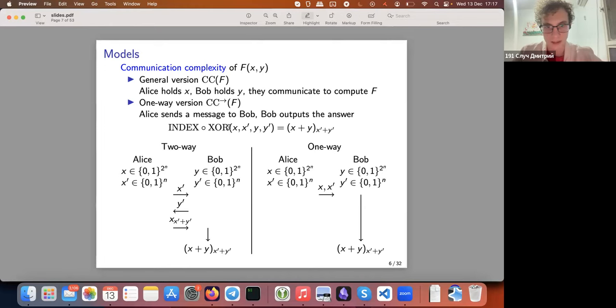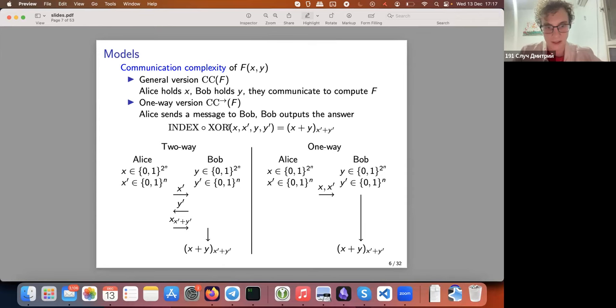And there exists a two-way protocol. Alice sends Bob x prime, Bob sends Alice y prime. Now they both can compute the position x prime plus y prime, and Alice sends the bit of x at position x prime plus y prime.